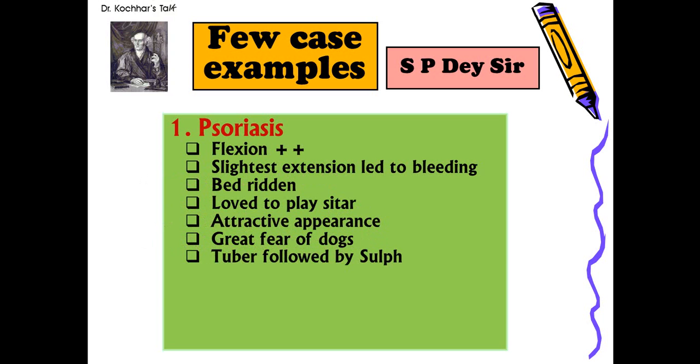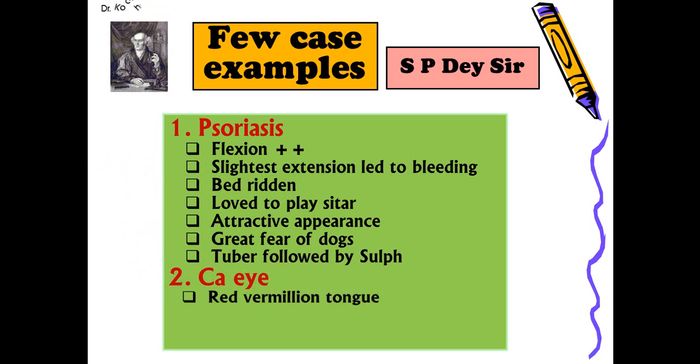Because in the book of psychiatry, in the book of dermatology, it is written that skin is the index of mind. If you are happy, the skin is glowing. If you are unhappy, the skin itself shows the lack of luster. If there is stress, it speaks through the skin. So here Tuberculinum is prescribed on this basis.